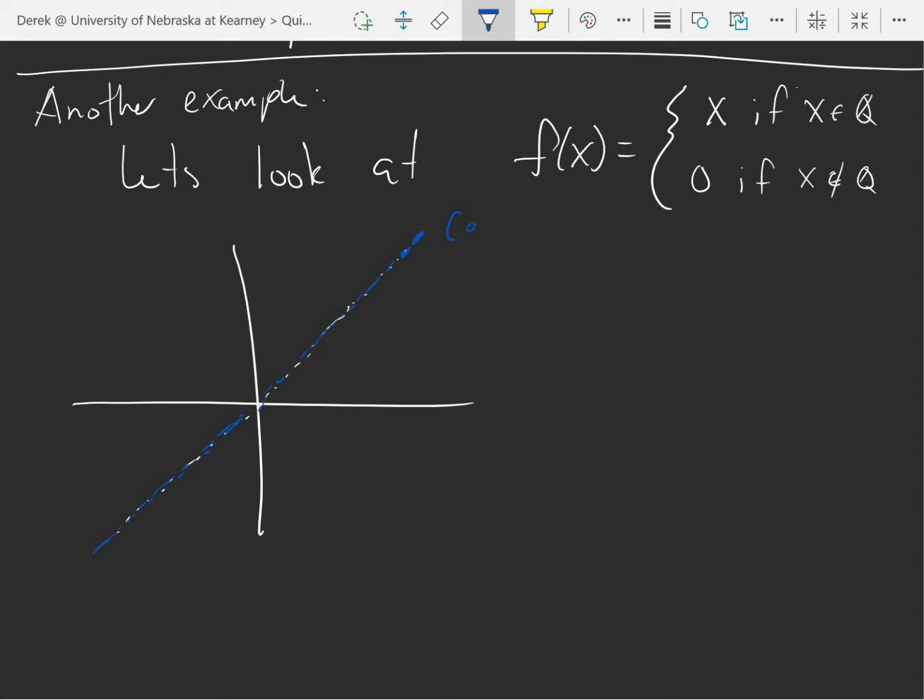These are, say, q, q. And I also have all of these 0 values on the x-axis, where these are, say, irrational z, comma 0. So rationals and irrationals.